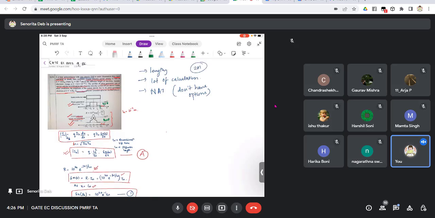We'll then start with JFET. JFET amplifiers will start. Okay.